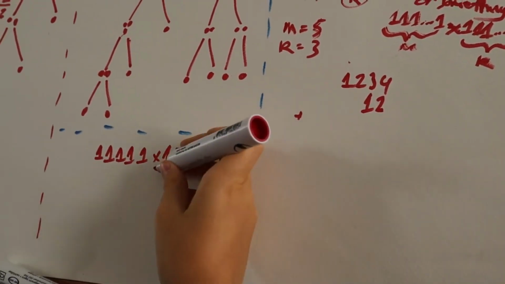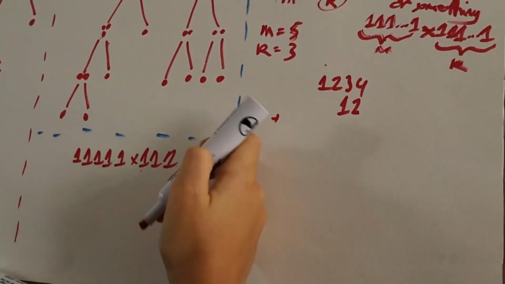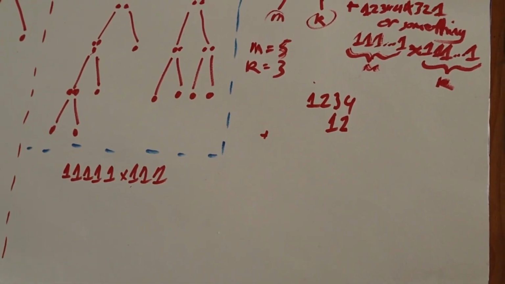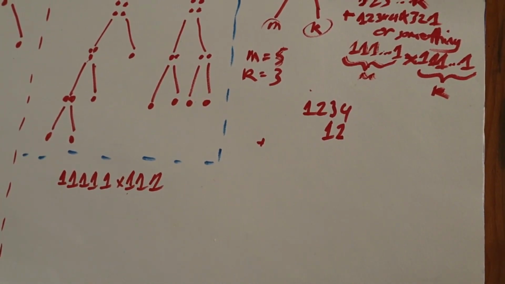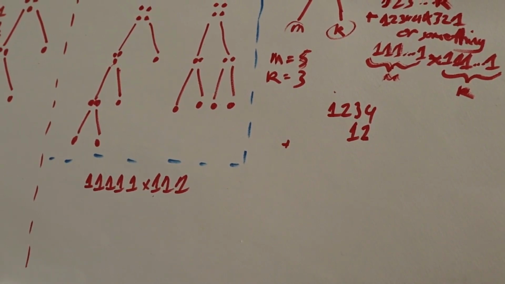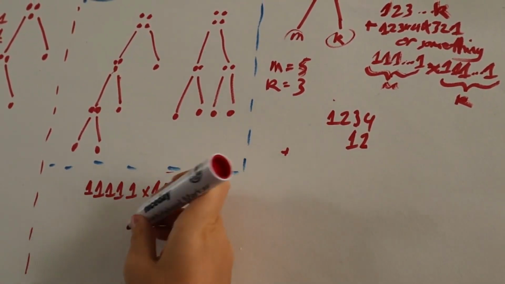What I do is I take 1, 1, 1 copies of this and add them together. But I already know that 10 times 1, 1, 1, 1, 1 is 1, 1, 1, 1, 1, 0.